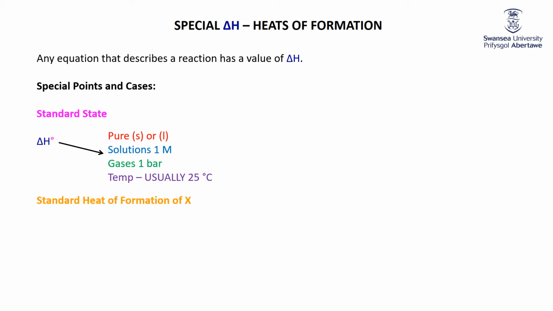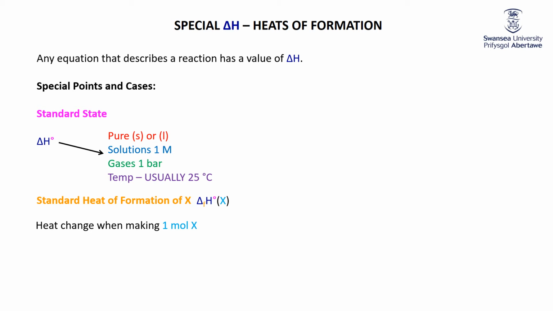Now, the first and the most important special delta H is the standard heat of formation of a substance X. It is referred to by this symbolism here. So delta H with little f between the delta and the H, and then there's the degree sign showing you the standard state, and then it is of this particular substance X. Now, the standard heat of formation is defined as being the heat change when making 1 mole of X. In other words, that's what I was talking about with it.